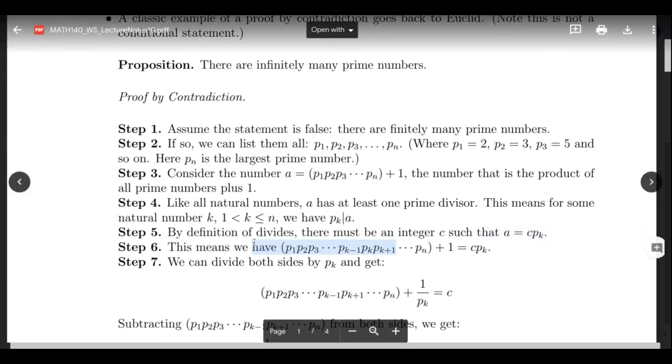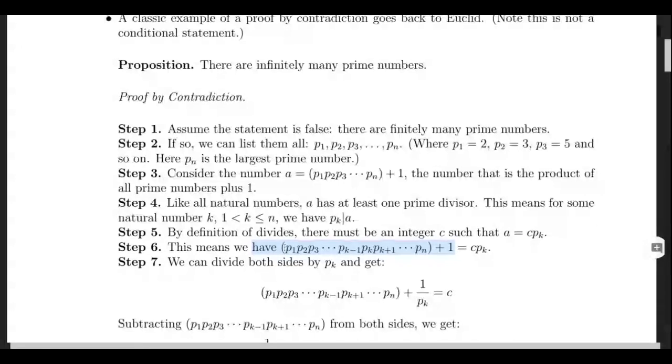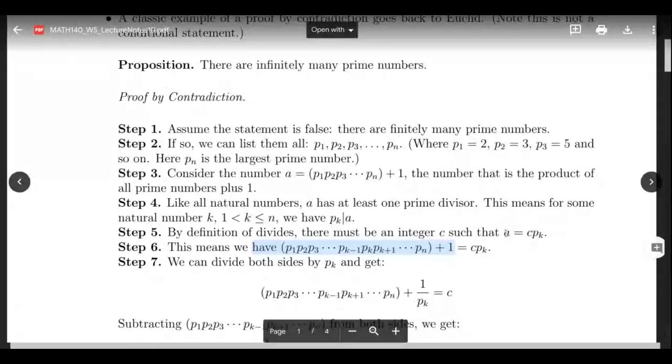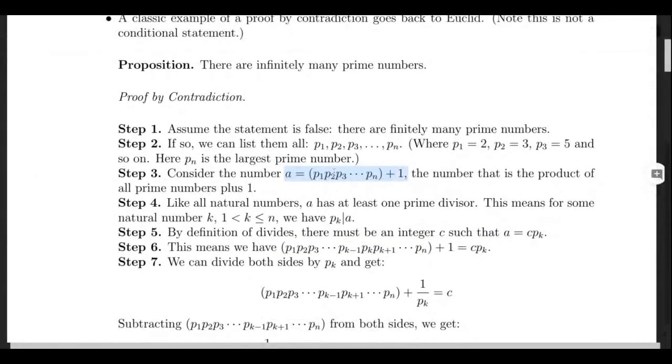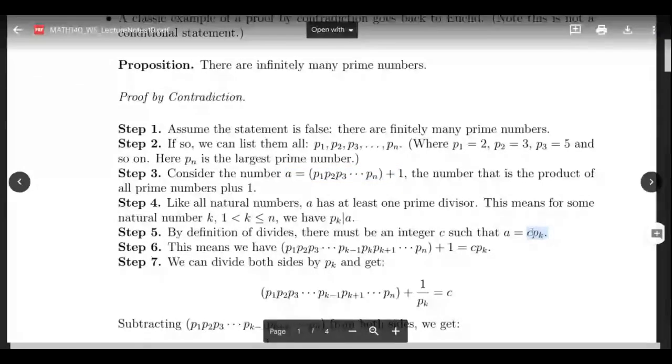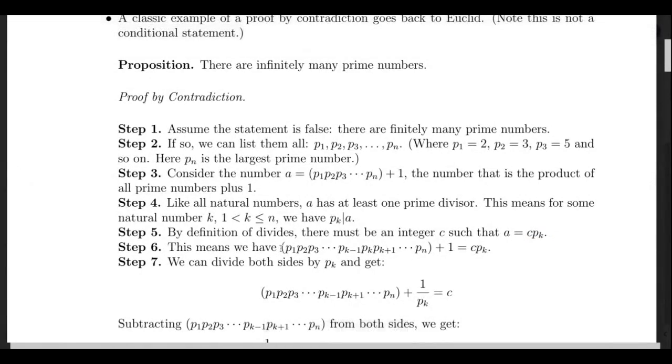So this means A will have 2 ways of writing it. One way is A can be written as the product of all prime numbers plus 1, and another is a prime factor times C. So we have this equation: the product of all primes plus 1 equals some C multiplied by Pk.